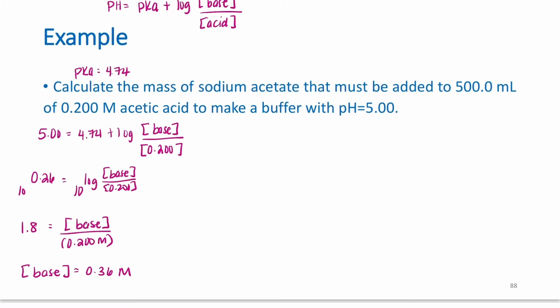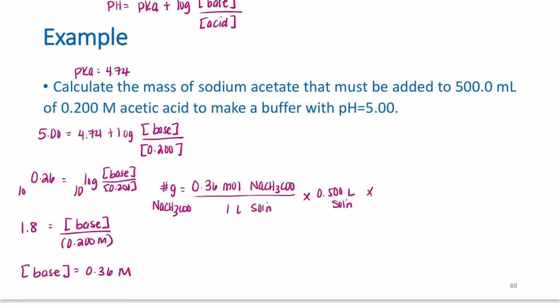I have 500 mils total. But I need to know the number of grams. Why? Because when I say mass, I mean grams. Moles of NaCH3COO divided by 1 liter of solution. I have 500 mils of solution, 0.5 liters.